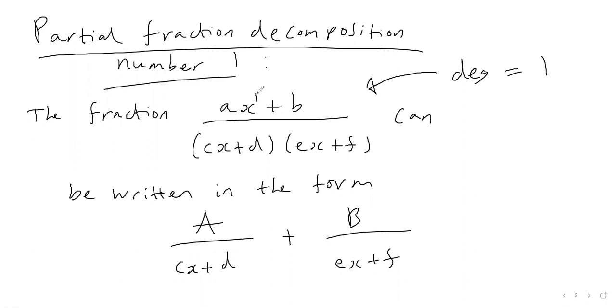Now the biggest power of x on our denominator is going to be 2, because when we expand the brackets, we get cex squared. So the degree here is 2. The key thing to note with this partial fraction decomposition is it will only work if the degree of the numerator is less than the degree of the denominator. I will come on to that again in a minute.